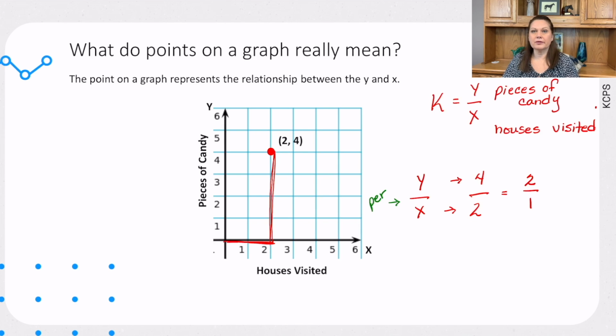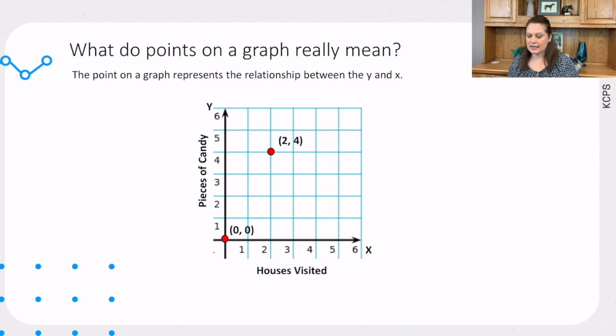Now remember, when we read that fraction bar, we say per. So we start with our numerator: 2 per 1 house. So 2 pieces of candy per house, or per 1 house. However that sounds best to you, it's both mathematically correct, but most people leave out the word 1 because it's per house. You make the assumption it's automatically 1.